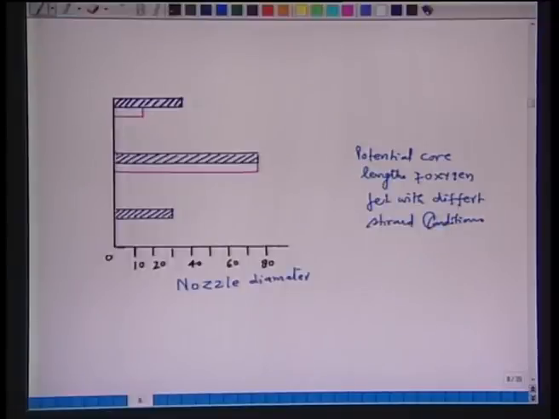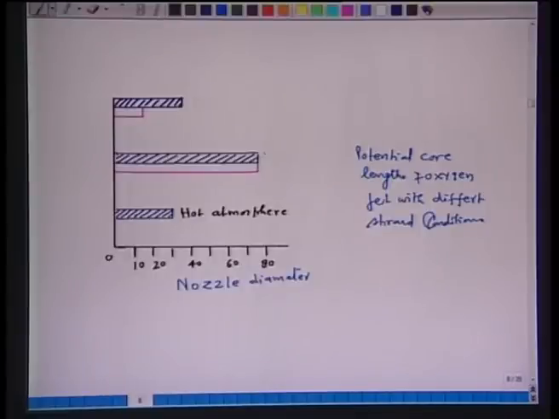So, what you see from here, this is a jet which is discharged in a hot atmosphere. This is supersonic jet with oxygen shroud only. So, length of the potential core is somewhere at 20-25 or something.